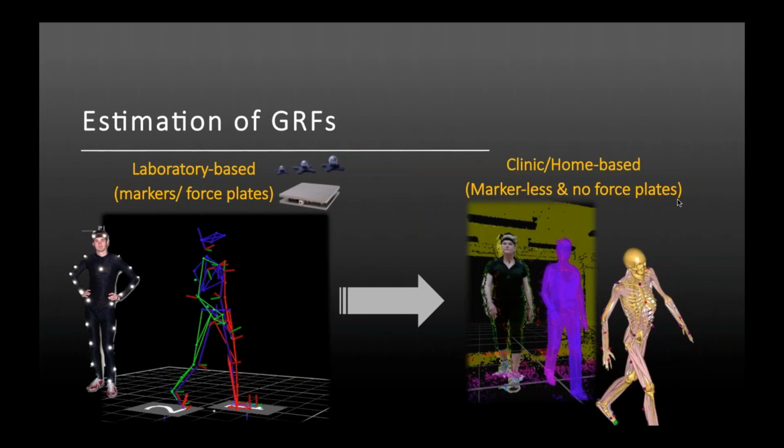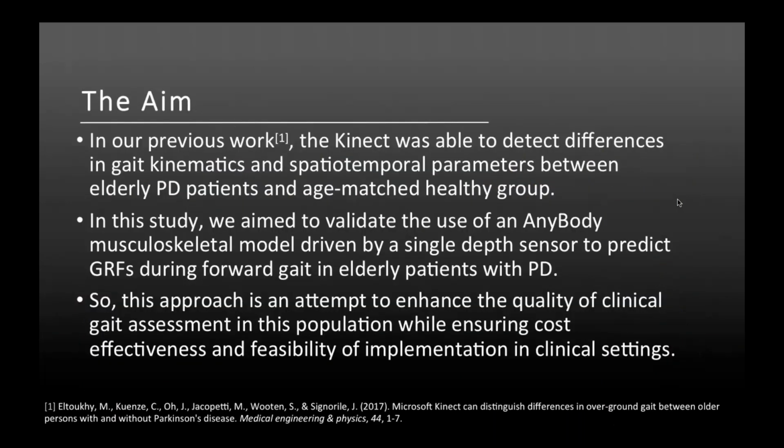And this is how combining the musculoskeletal modeling work with the Kinect would result in achieving this, basically. So the aim, as I said, in our previous work, which we did in 2017, we were able to show that the Kinect can detect differences in gait kinematics and spatiotemporal parameters for elderly PD, or Parkinson's disease, patients as compared to age-matched healthy groups.